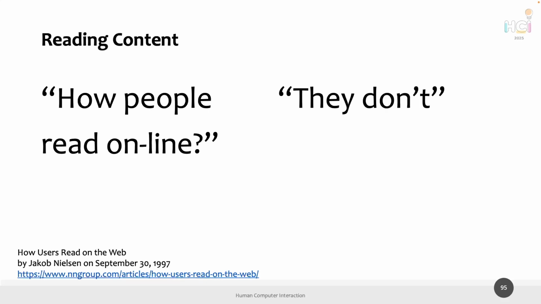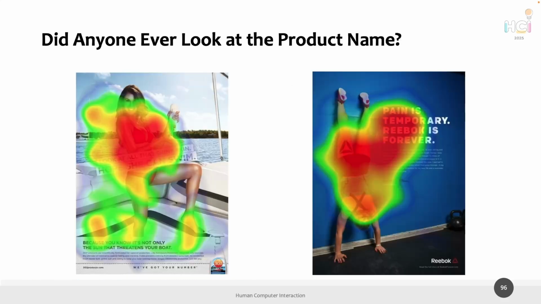They don't, okay? They don't, and that's why we really need to reduce the amount of text within an interface, because typically users don't read online, especially on the web, and there are experiments that demonstrate this.